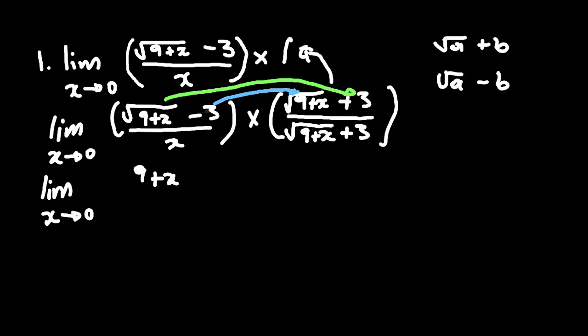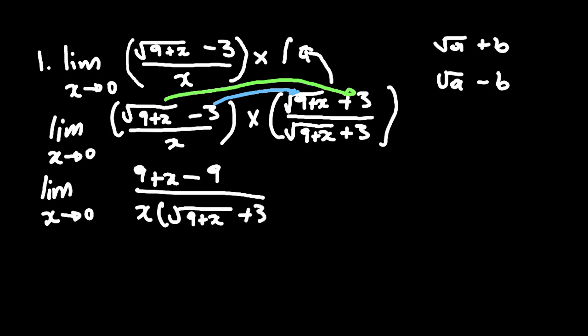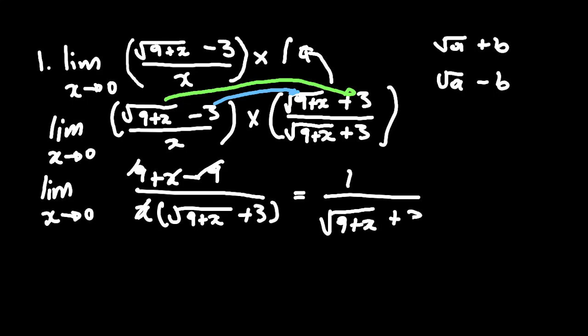Then negative 3 times positive 3 is negative 9, and I divide by my x, leaving my lower part as it is. If I look clearly, this 9 and this 9 cancel, and I am left with x, and this x cancels with this x here. So I am left with only 1 over root 9 plus x plus 3.